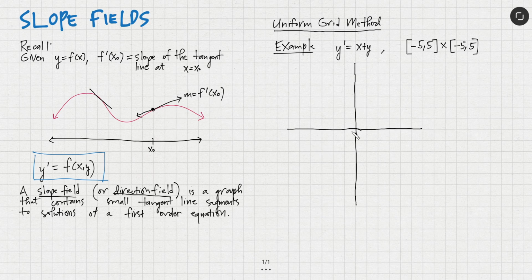Okay. So, suppose gusto nyo malaman kung ano yung itsura ng tangent line segment sa point na to. So, this has coordinates 1, 1.